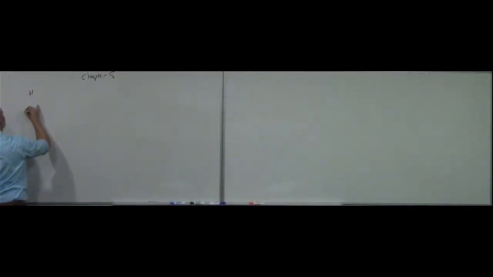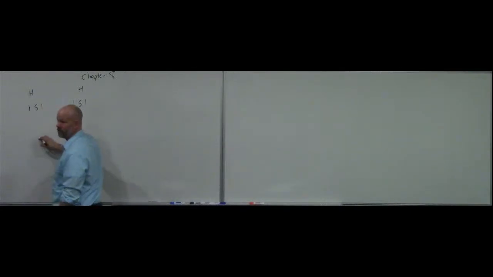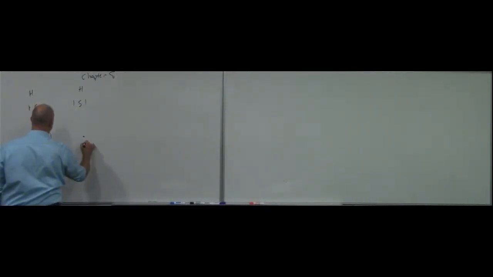How many electrons are in the 1s? 1. So if I've got hydrogen here, it's 1s1, and I've got a hydrogen here, it's 1s1. I can draw my nucleus, and here's my electron cloud, or orbital.